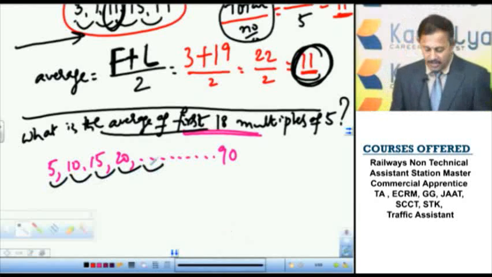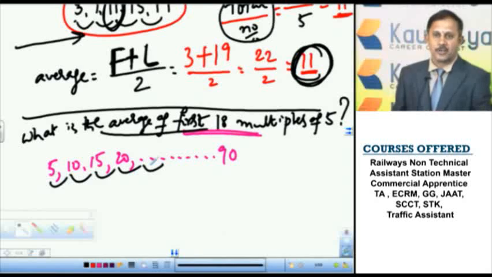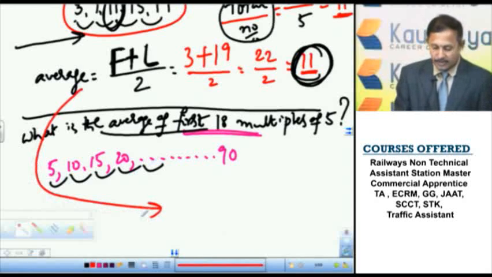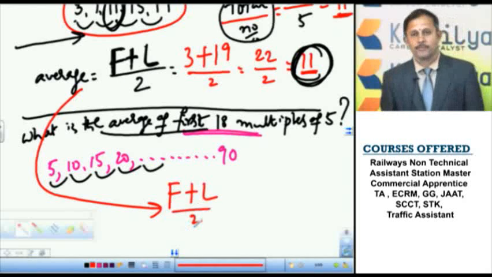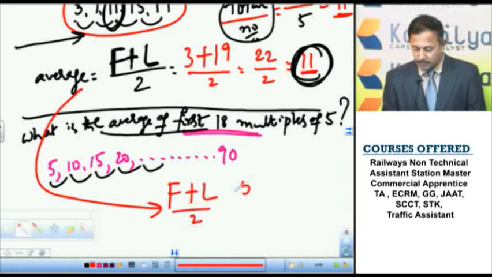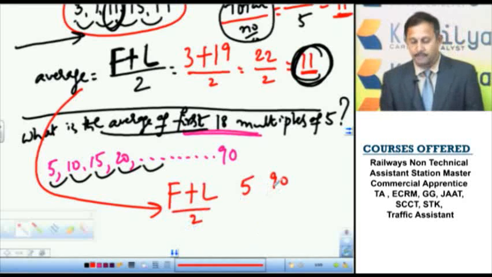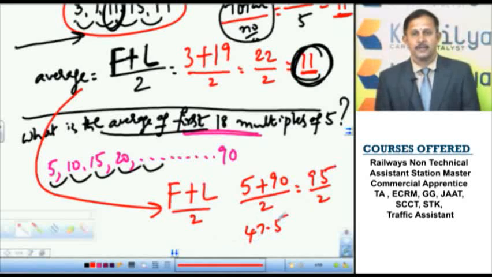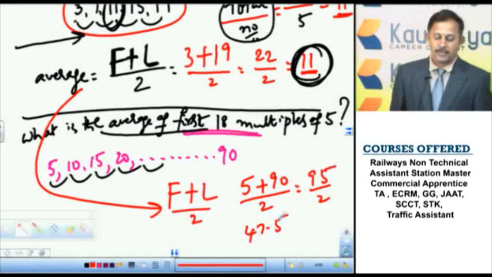So as we discussed earlier, if the difference between successive elements is constant, then their average is given by first number plus last number by 2. Here the first number is 5 and the last number is 90. So first number plus last number, 95 by 2, or you can take 47.5 as the average of first 18 multiples of 5, right?